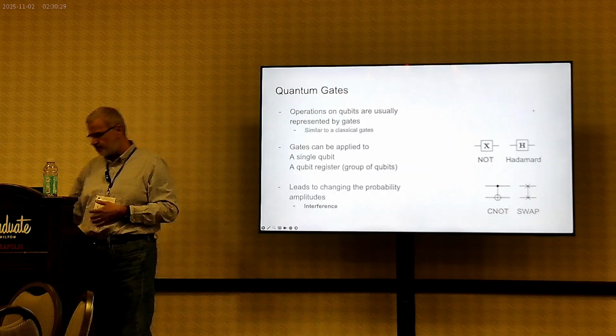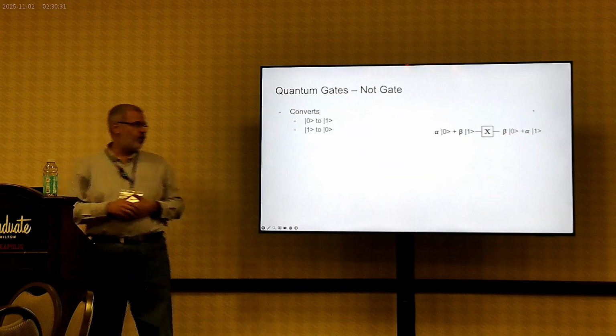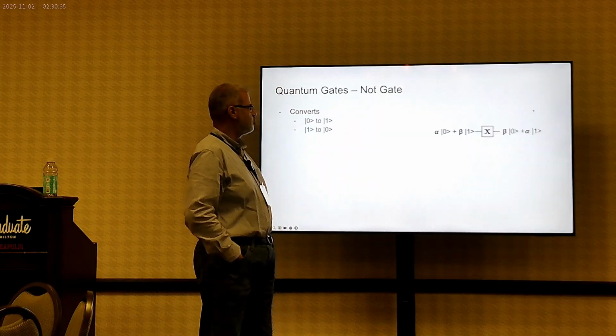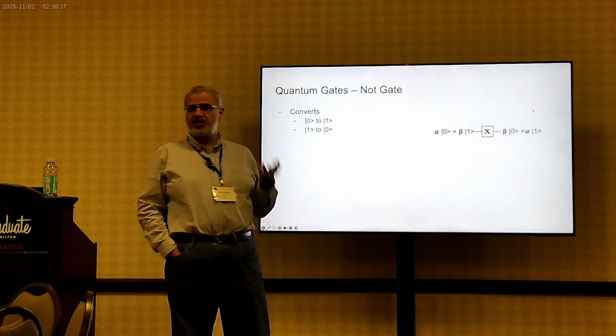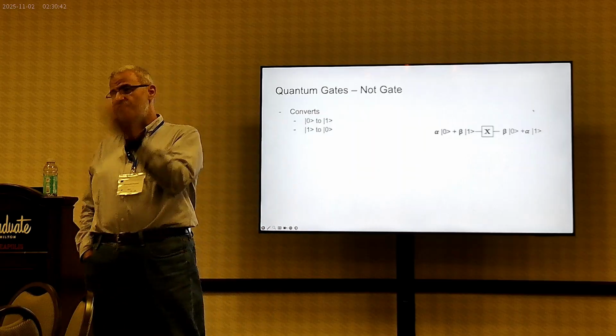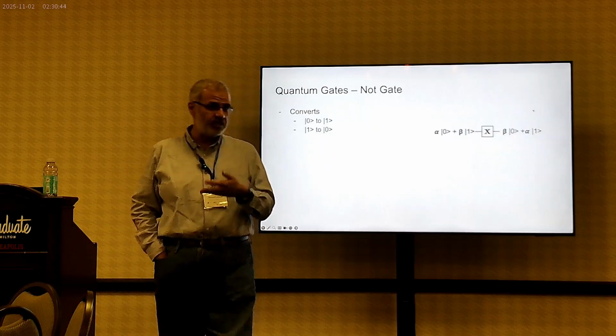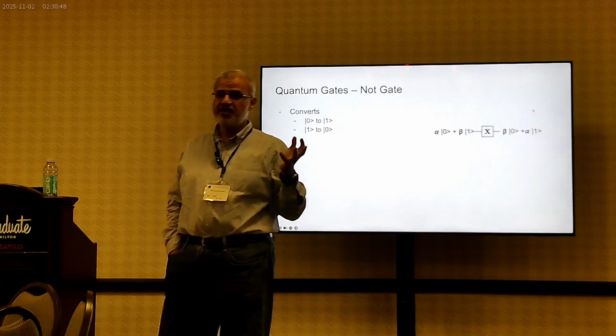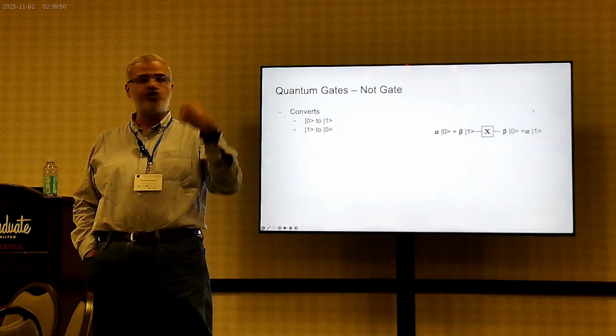Let's take some examples. The simple one is the NOT gate, or the Boolean X gate. What does a NOT gate do in classical computing? It inverts 0 to 1 and 1 to 0. This does exactly the same, but the main difference is that instead of working on classical bits, it works on qubits.